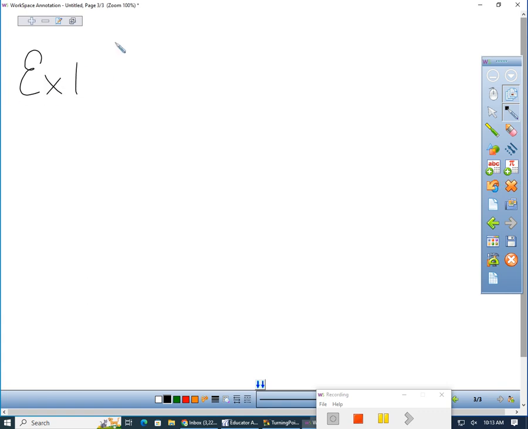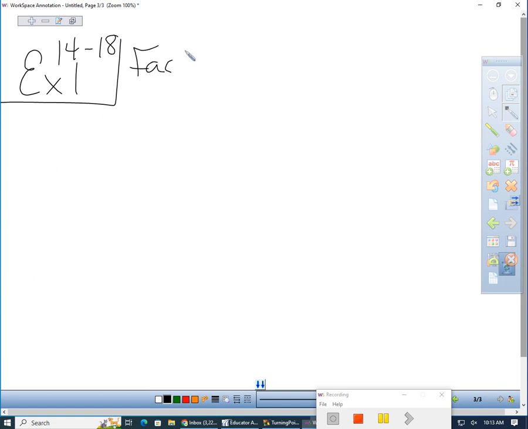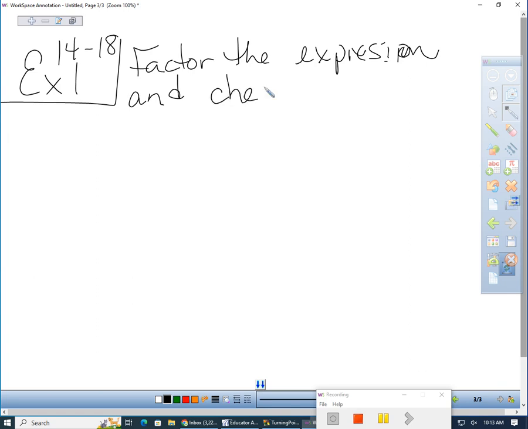Example number 1. This is your 14 through 18 to begin with. We're going to factor the expression and check your answer.